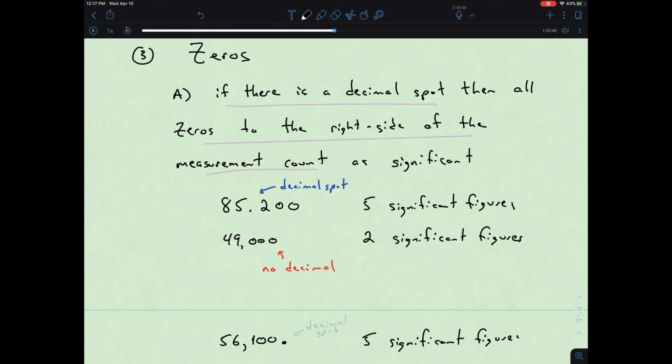We have the decimal spot, so the zeros to the right count. So zeros to the right side of the measurement count if there is that decimal spot. So those are certain zeros that do count.